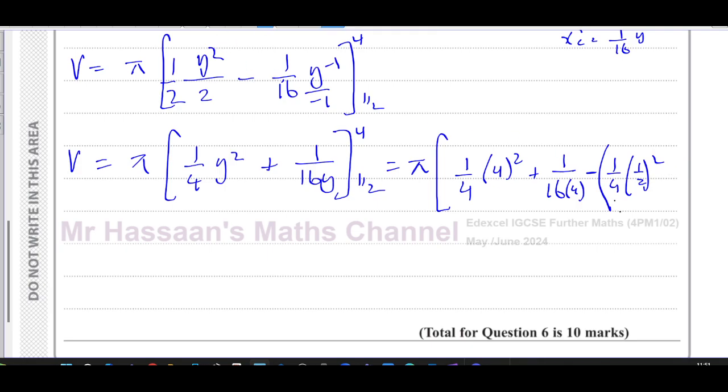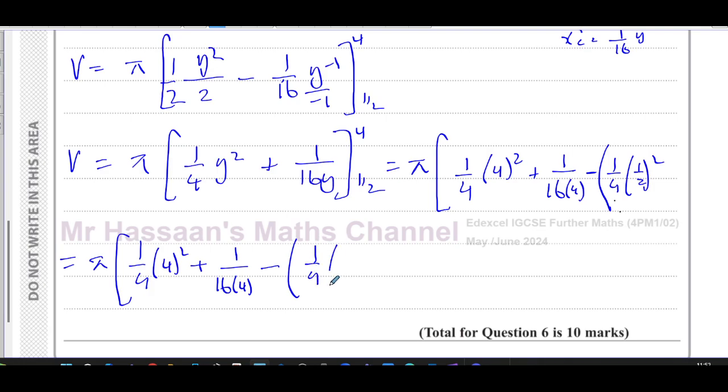In fact, I should have carried on here, really. Let me just do that again. So pi, and we have a quarter times 4 squared plus 1 over 16 times 4 minus, we have a quarter times a half squared plus 1 over 16 times a half. Okay, so we put those values in and we see what we're going to get.